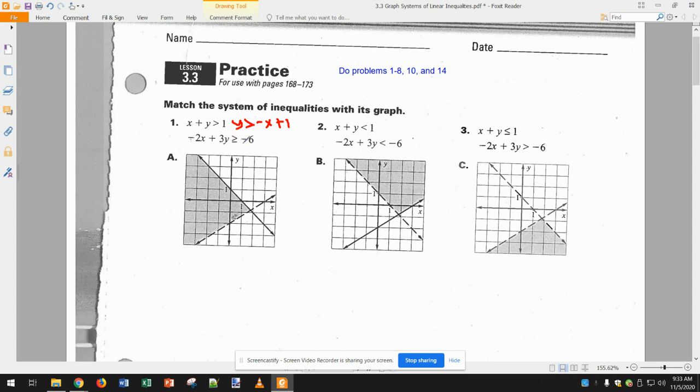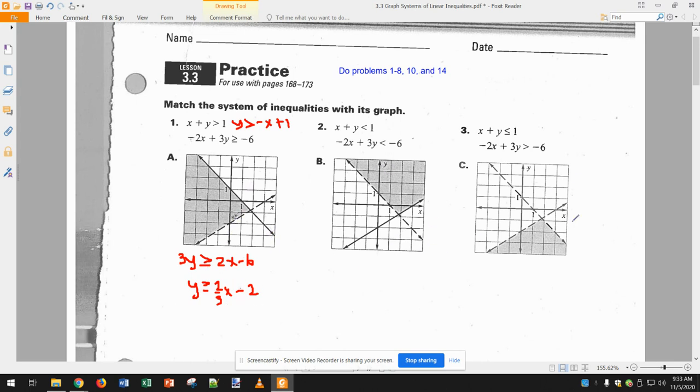And this one, I'm going to do down here, we'd have to add 2x to both sides. So 3y is greater than or equal to 2x minus 6. And then divide everything by 3, so we get 2/3 x minus 6 divided by 3 is 2. So now I can look for this one.